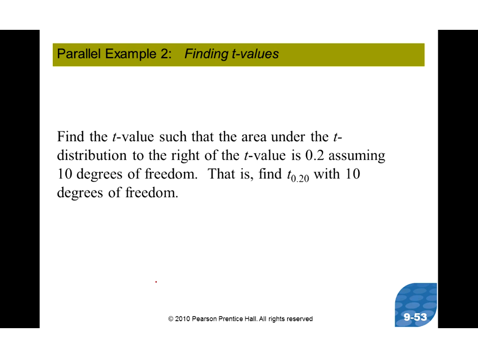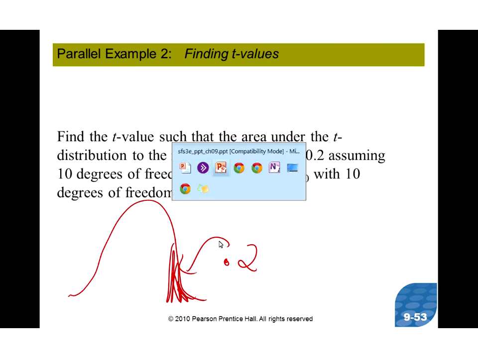Find the T value such that the area under the distribution to the right of T is 0.2. So this area is 0.2. In the old days, we had to go to a table and look it up.